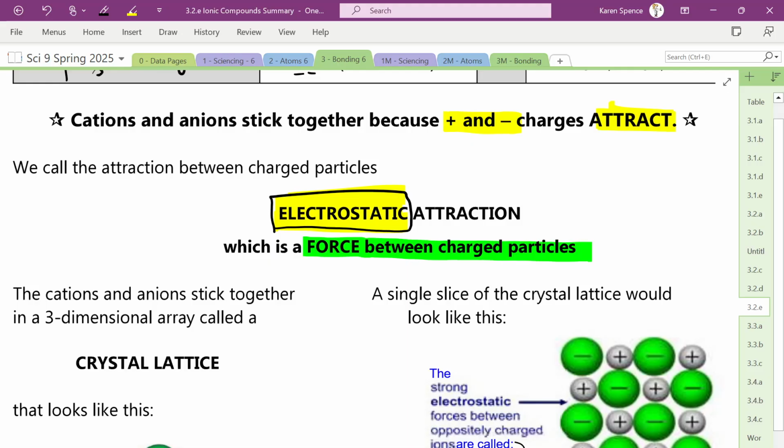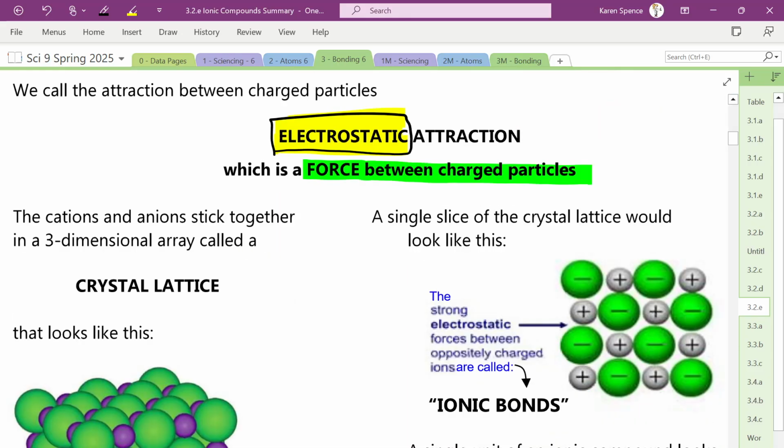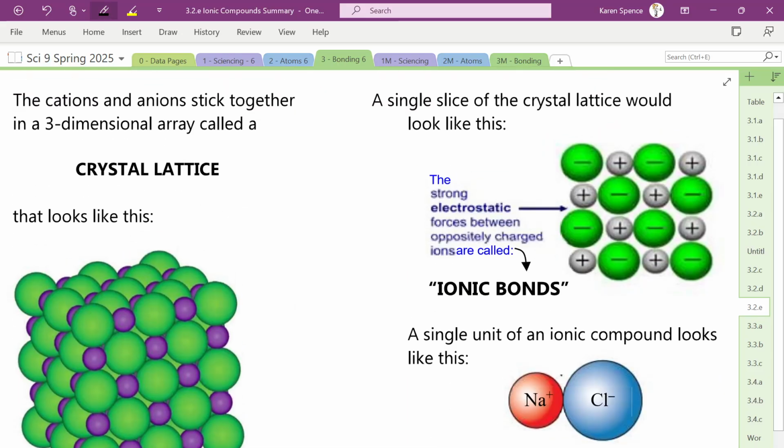Do we all remember a crystal lattice? Tell your partner, what is a crystal lattice? A crystal lattice is alternating positive, negative, positive, negative, positive, negative, positive, negative, positive, and you could draw a single slice of it like this.